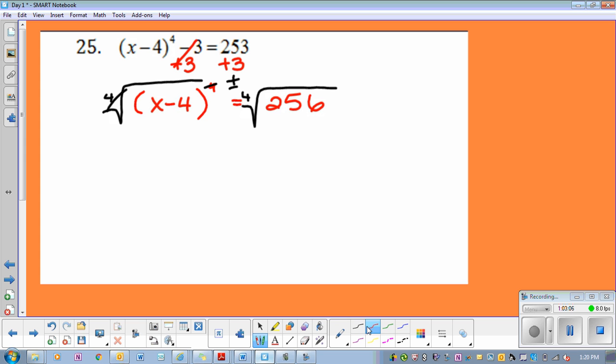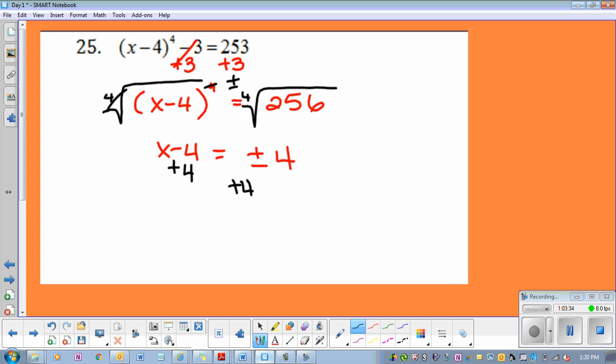So then that cancels out, and you have x minus 4 equals plus or minus. What's the 4th root of 256? 4. It equals plus or minus 4. And then you add the 4. Pay attention to this.